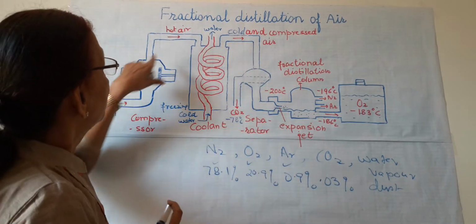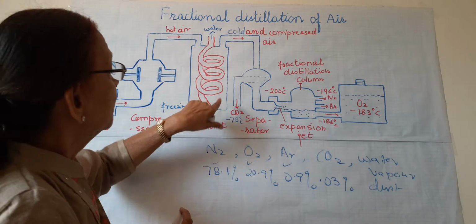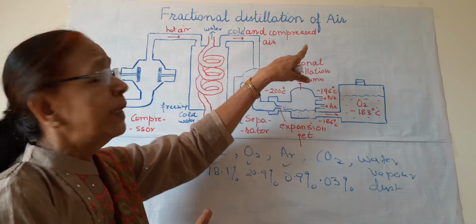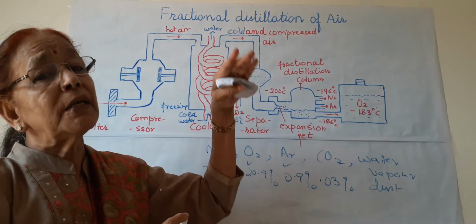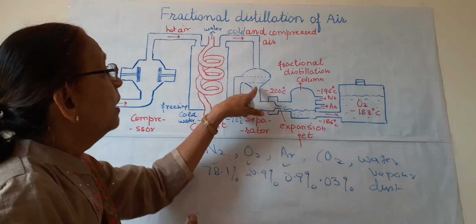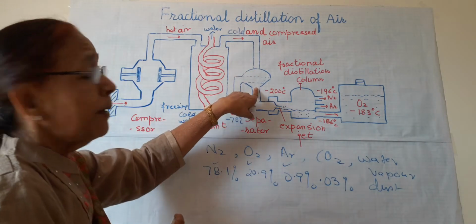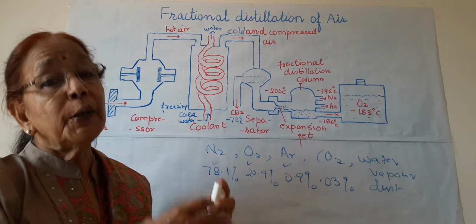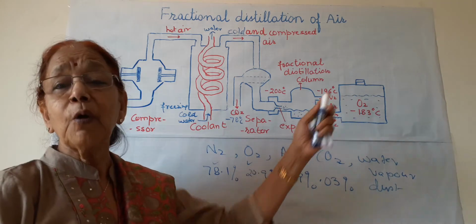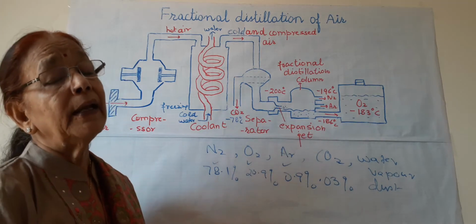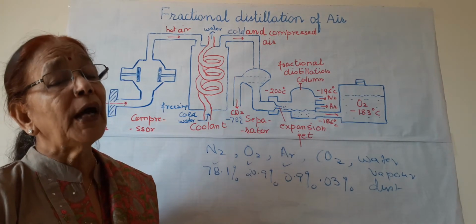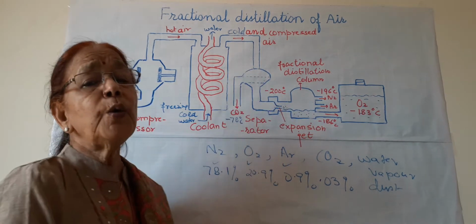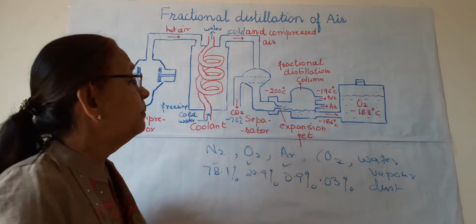Now the air is compressed in the compressor, it is cooled in this coolant. Now the air is cold and compressed and its temperature is quite low. Now it comes into this separator. The temperature is so low, we want to liquefy air so that different components can be separated, and air can be liquefied at very low temperature, around minus 200 degree centigrade.